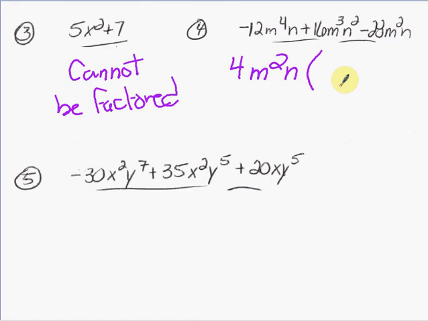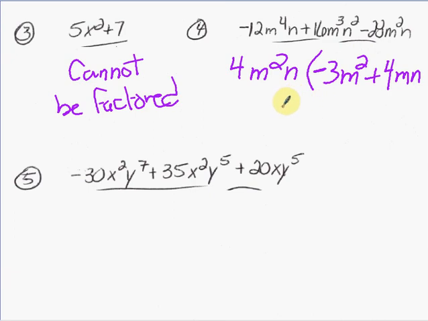Okay, so we have 4m squared n, and since we factor out a 4, we have to multiply by negative 3 to get back to negative 12. We need m squared. We don't need an n because we pulled 1 out, and that's all we needed is 1. This is going to look sloppy because I'm going to run off my page. I need a 4 to get to 16. I need an m, and I need 1 n.